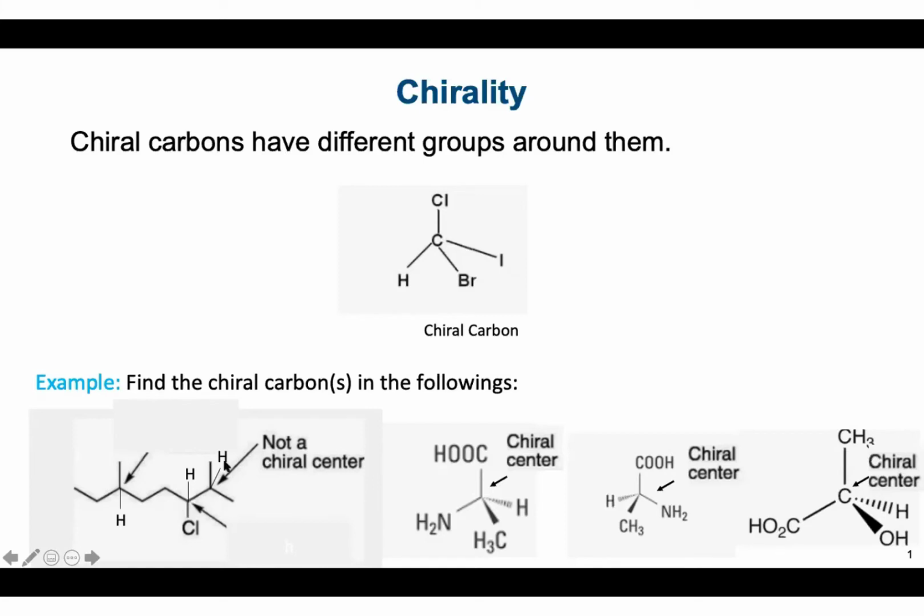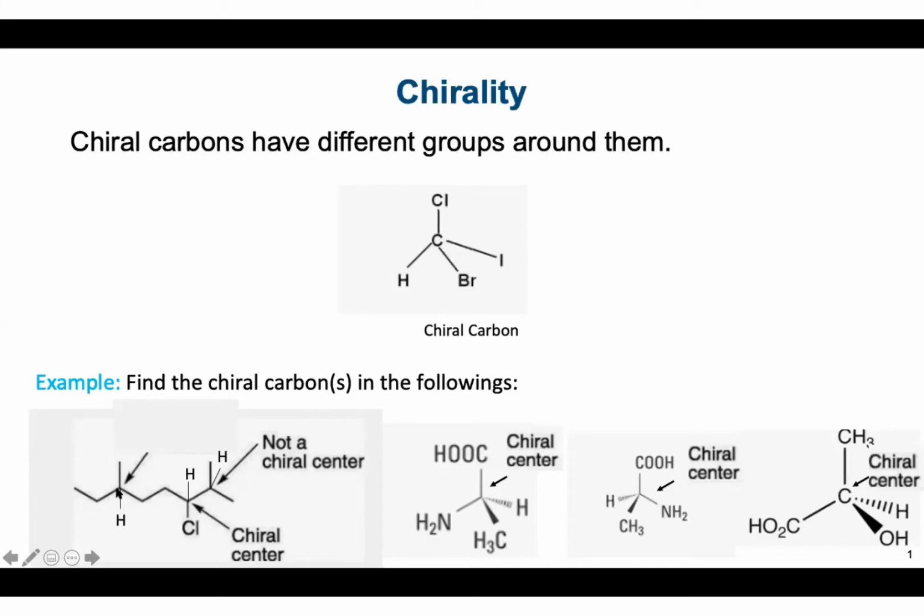So you can see that this group is different from this group. Okay, although you might say that this is carbon and this is carbon, the other carbons that are attached to these are also important. So what do you think? So this carbon is chiral.